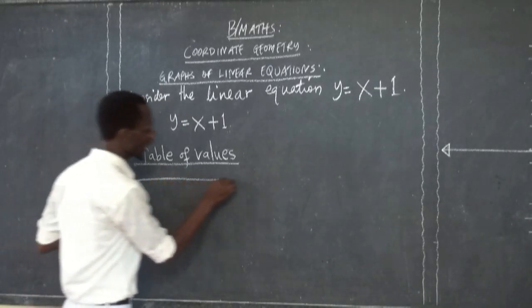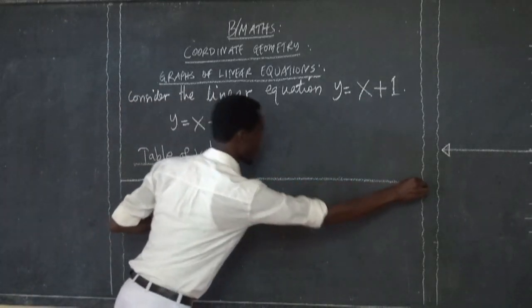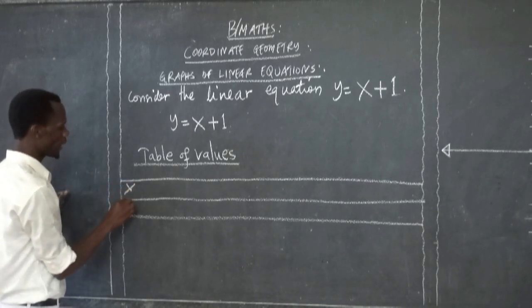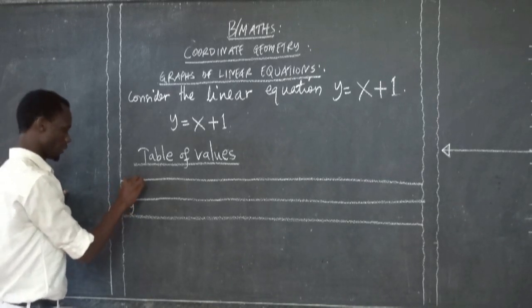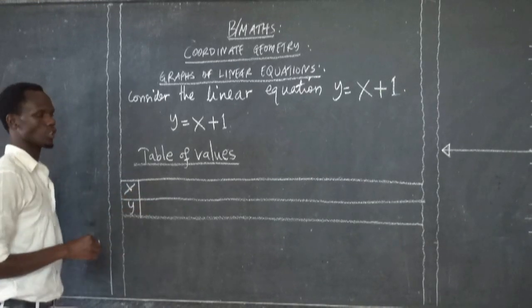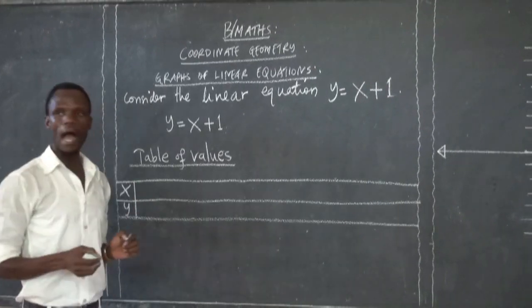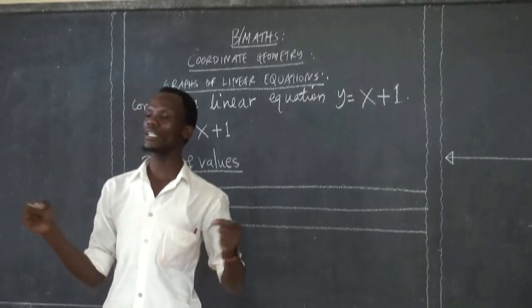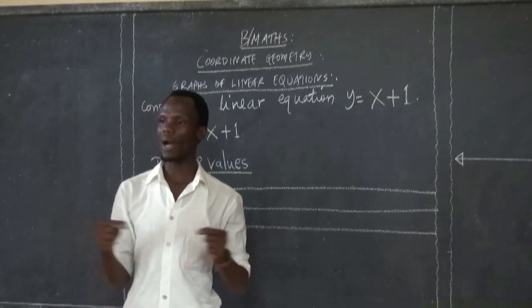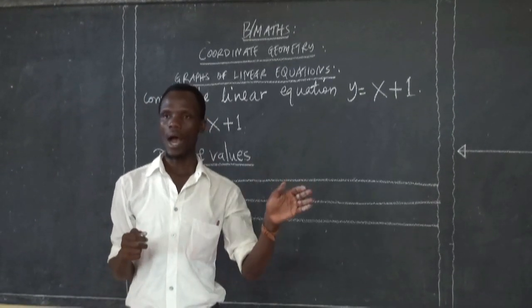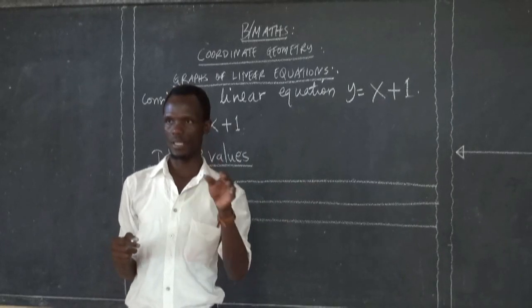You draw your table, and then we label this one x and this one y. Then you draw boxes as you wish. The values of x are obtained according to the number line. A number line consists of negative and positive numbers, including 0.